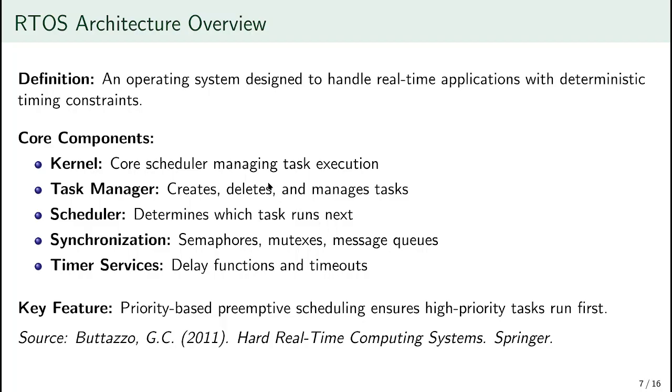The kernel is basically the core scheduler managing task execution. The task manager creates, deletes, and manages tasks. The scheduler determines which task runs next. And synchronization: semaphores, mutexes, message queues; timer services: delay functions and timeouts.